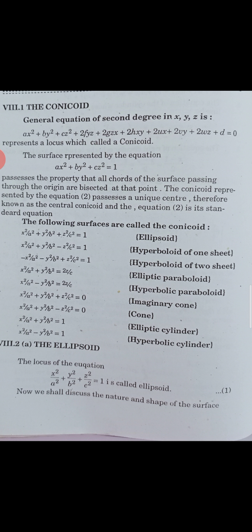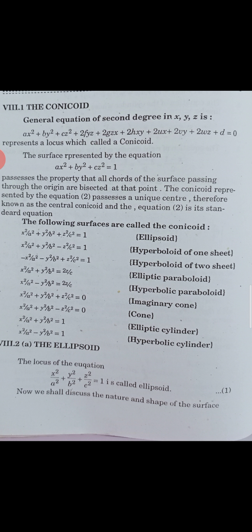Now we shall discuss the nature and shape of the surface. The center: if α, β, γ are the coordinates of any point on equation 1, then α²/a² + β²/b² + γ²/c² = 1. This shows that the point −α, −β, −γ also lies on equation 1.